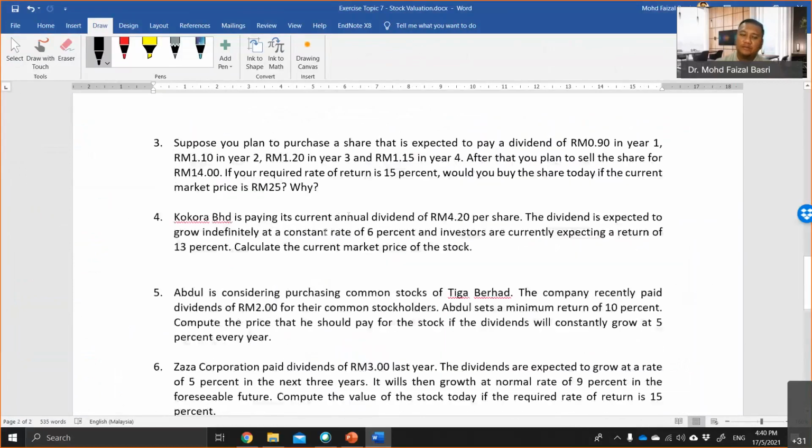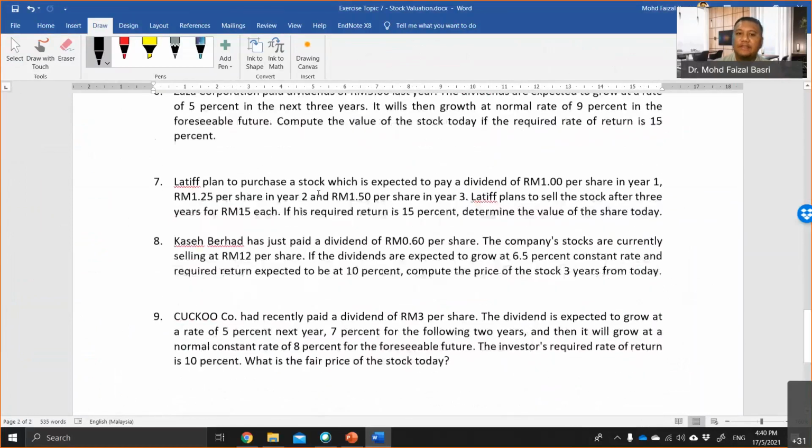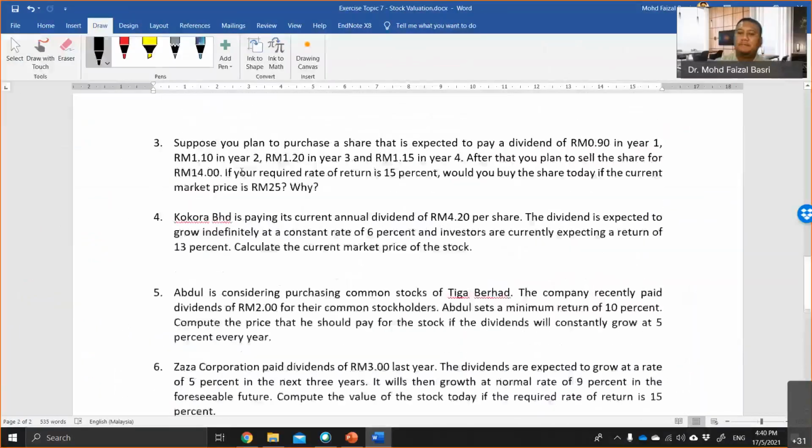Obviously we'll not go through everything. There are many here, you can try on your own later on. But maybe you can check your understanding, whether you can see the difference between the models. So for example, question number 3, suppose you plan to purchase a share that is expected to pay a dividend of 90 cents, 110 in year 2, 120 and 115 in year 4, and you plan to sell for 14 ringgit.